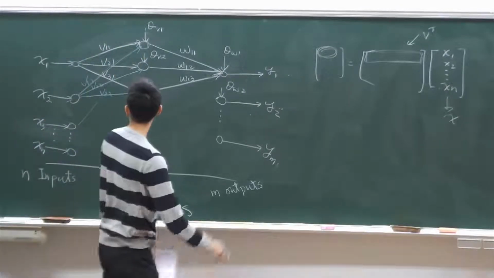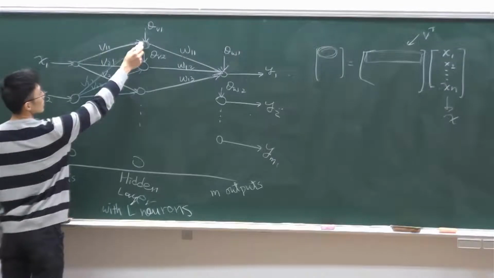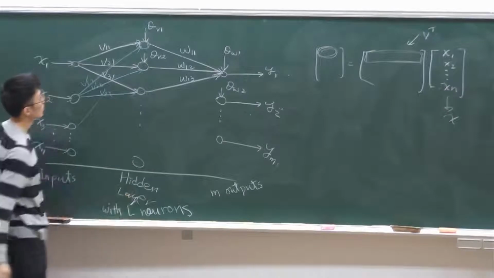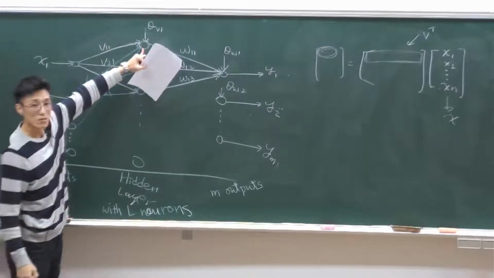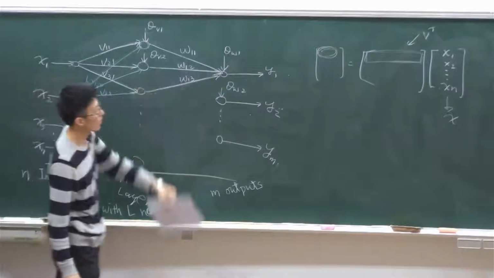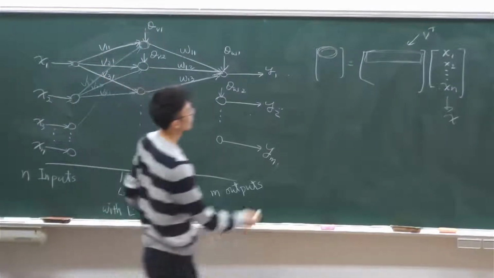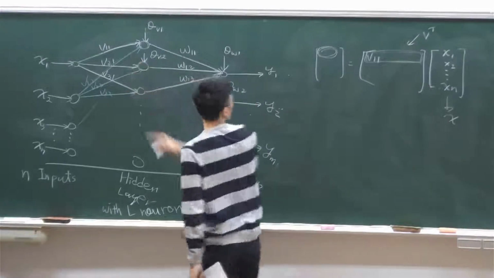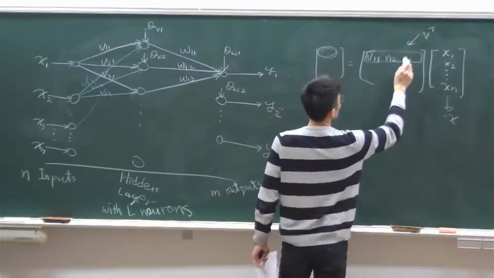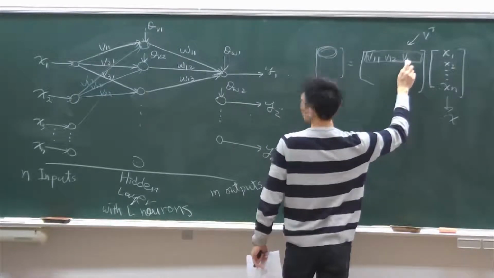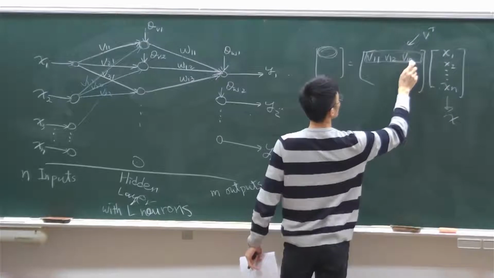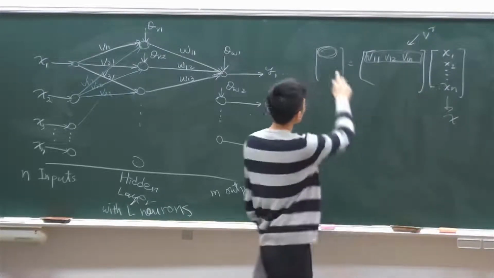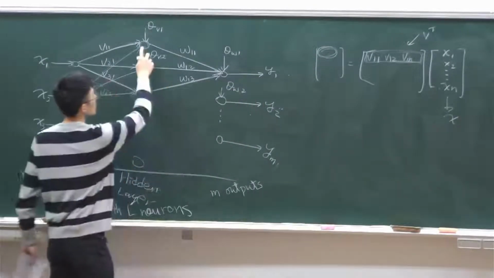Because x1 times v11 is the input to this, x2 times the weighting v12 is the input to this neuron. So x1 should times v11, x2 should times v12, all the way up to v1n. That will be the input to the first neuron.